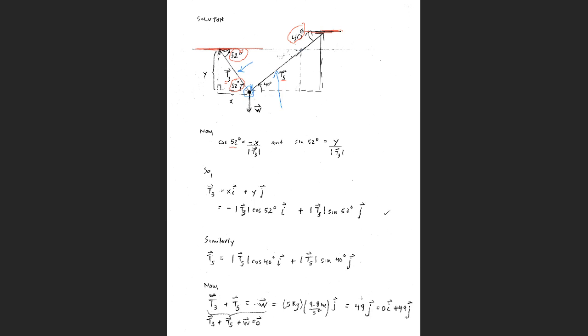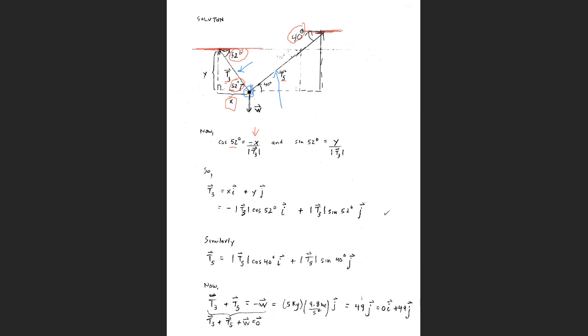Well, the adjacent side in the diagram is x, but that x is negative, right? It's negative because if we think of the Christmas decoration as being at the origin, this x is negative, so I put negative x there so that I have positive sides.